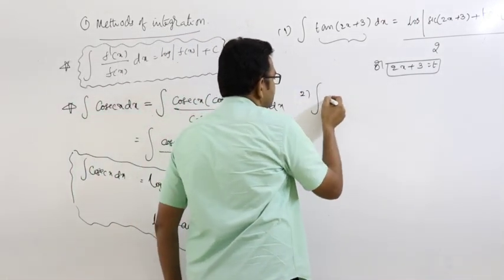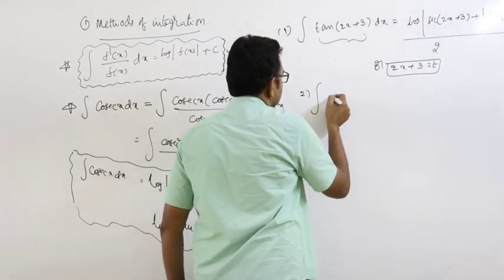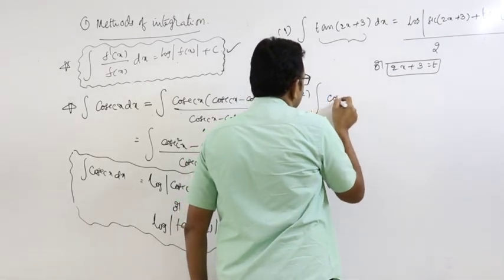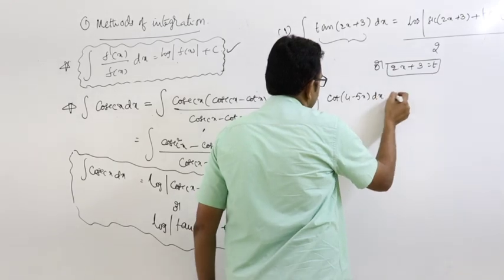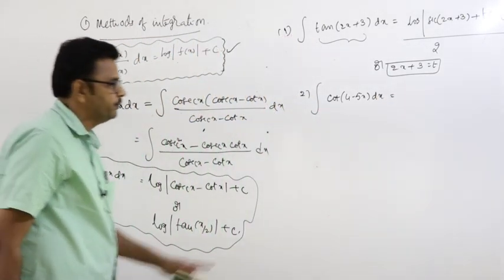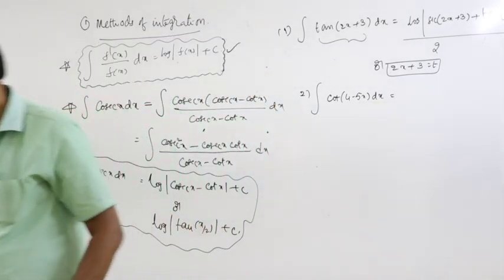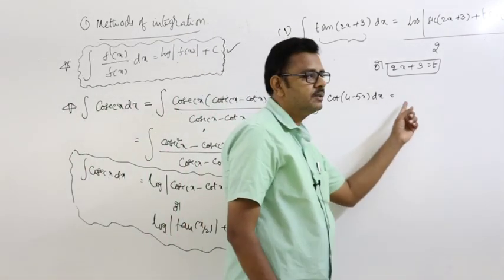Next one, integral of cot of 4 minus 5x dx is equal to, 4 minus 5x is equal to t, that is one method, or you know the integral of cot x. Integral of cot x is log mod sin x.